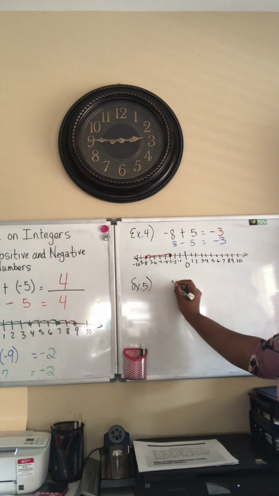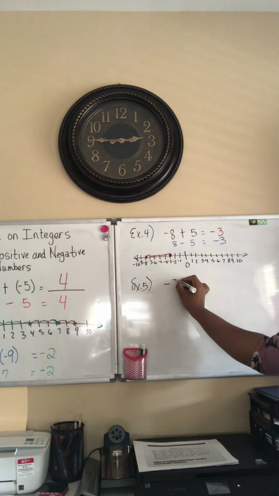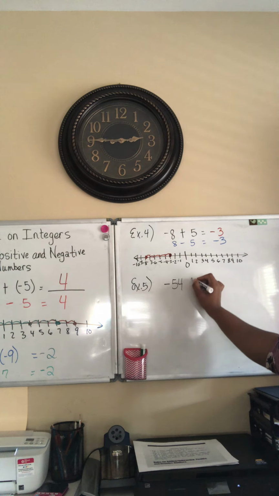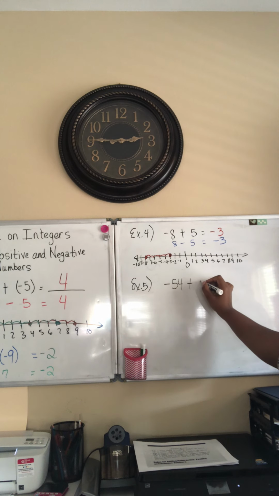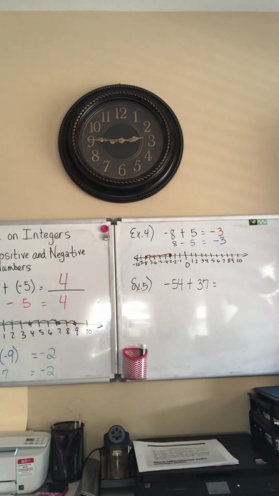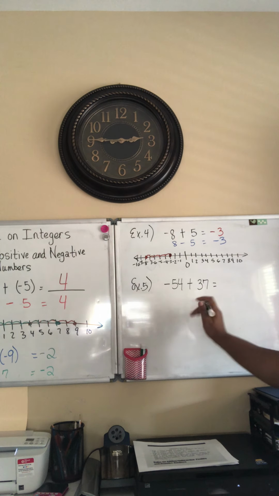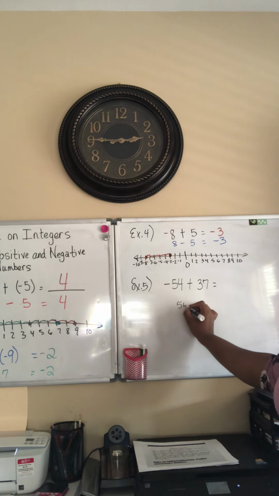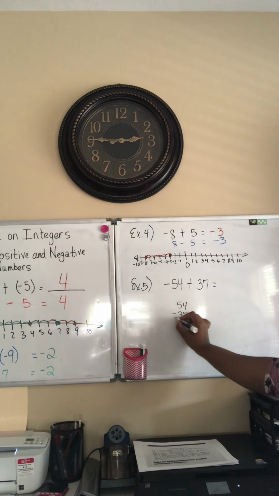So let's say I have a negative 54 plus 37. Okay, so I'm going to take 54 and subtract 37 from it. You can do this on your calculator.